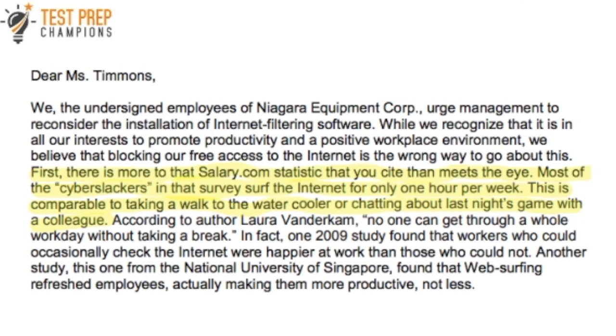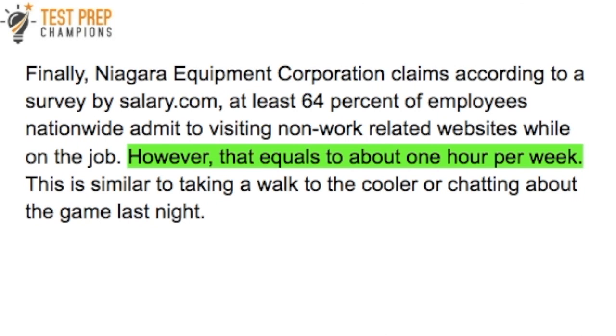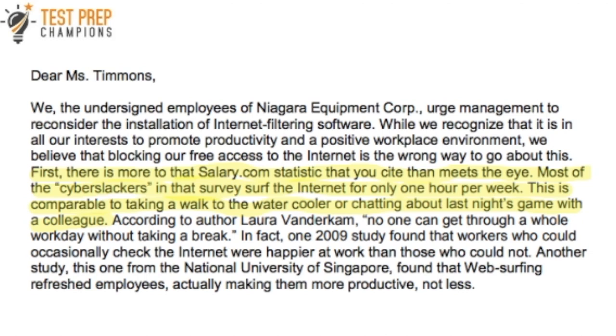So I would like to see you explain a little bit more what you mean. Where are you getting this number from? When you just say here, however, that equals about 1 hour per week, the point that you're trying to make is very good, but I think you almost need a better sentence here to connect that.